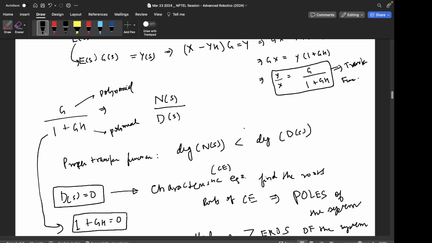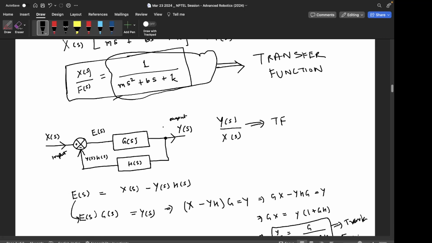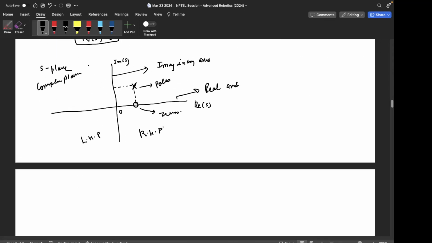So the transfer function that we had computed for the second order system is this one, right? Let me rewrite this.